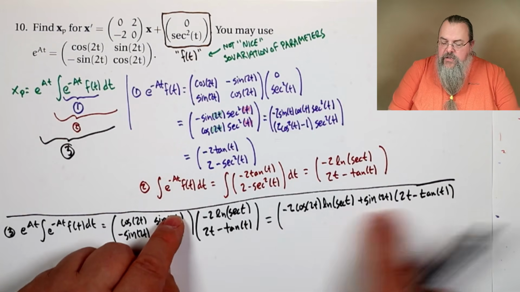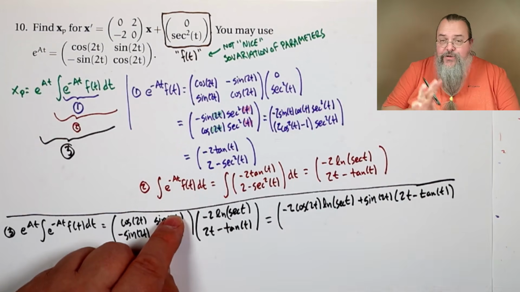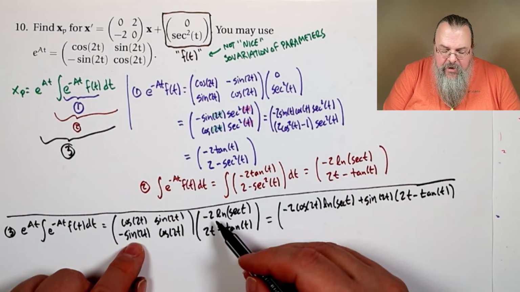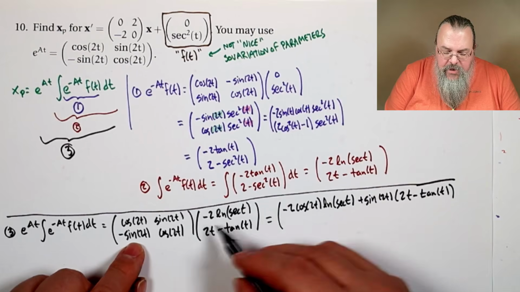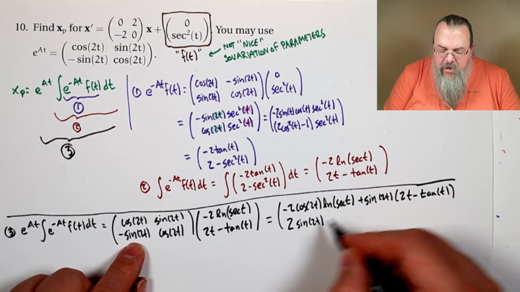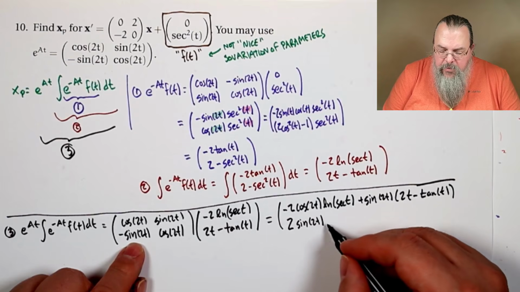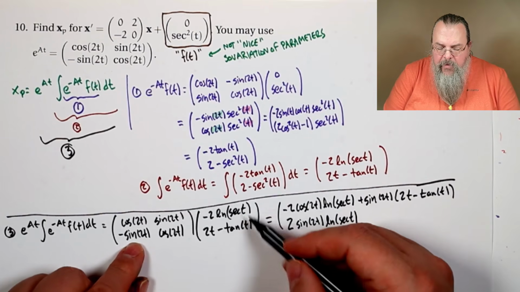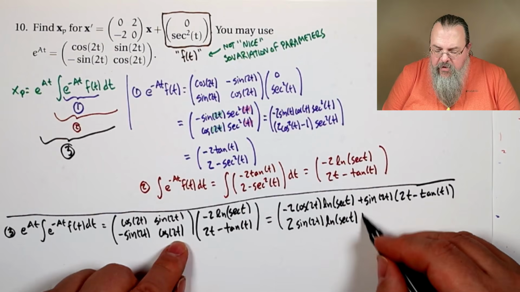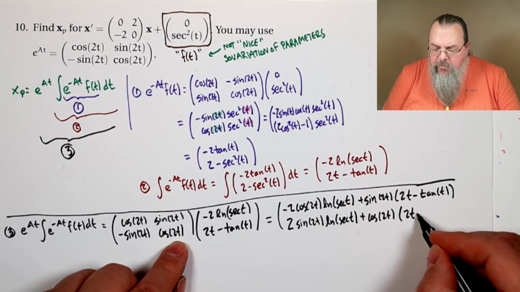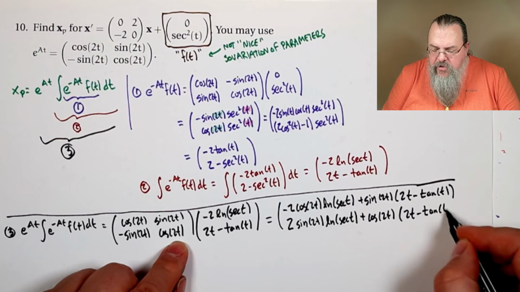And there's nothing looking like we're going to get cancellation, so I'm not going to bother simplifying. I'm not going to bother expanding. Here, we'll get a plus. We'll get a 2 sine of 2t, and we'll have a log secant of t, plus a cosine 2t times 2t minus tangent t.